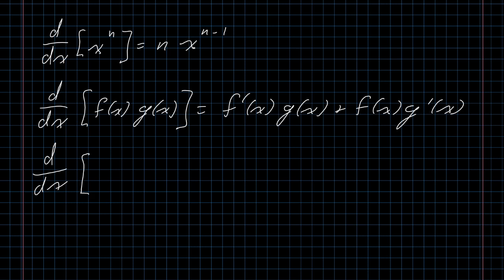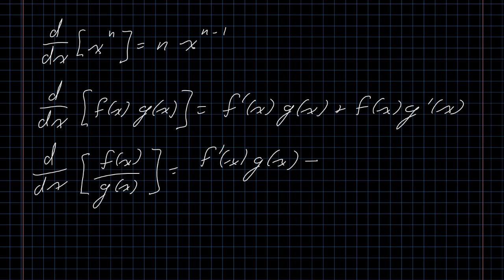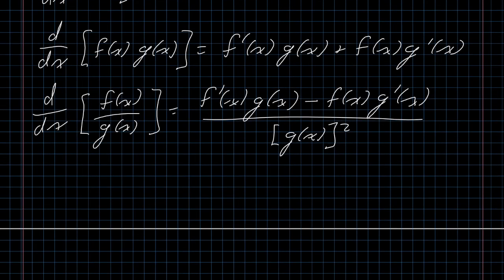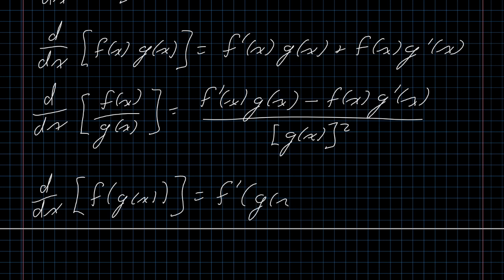The derivative of f of x over g of x is equal to f prime of x times g of x minus f of x times g prime of x all over g of x squared. And then you have the chain rule. The derivative of f of g of x is equal to f prime of g of x times g prime of x.